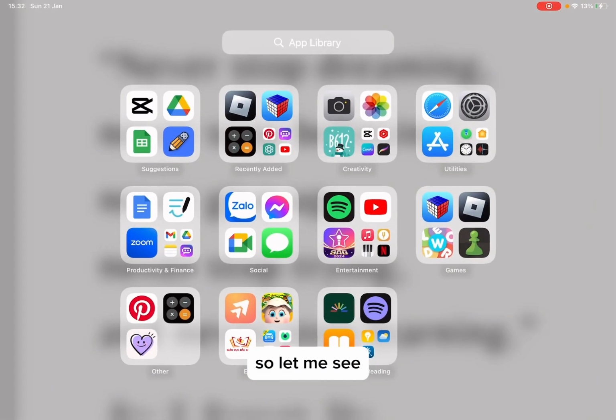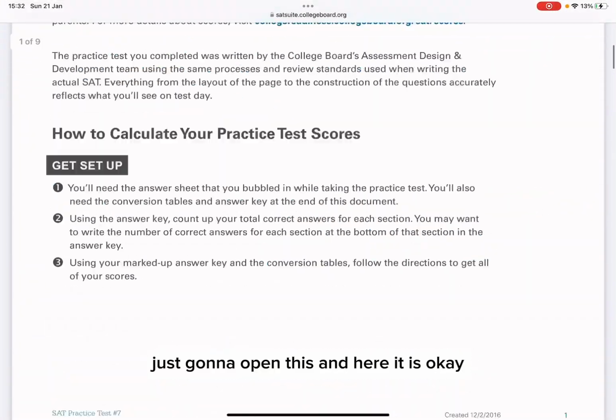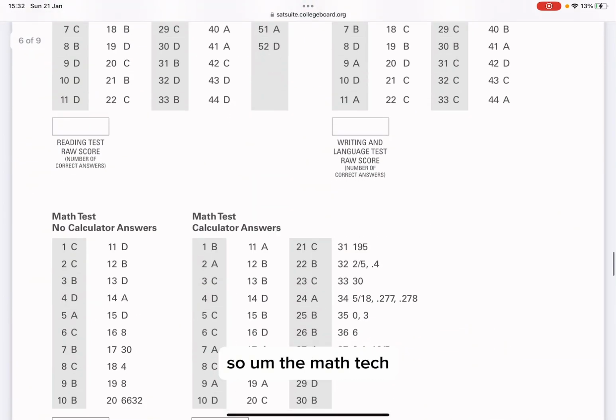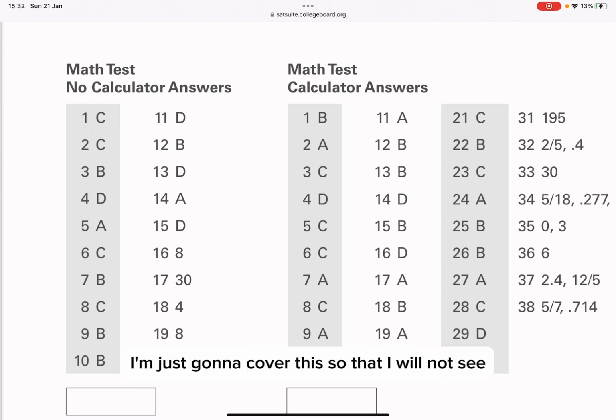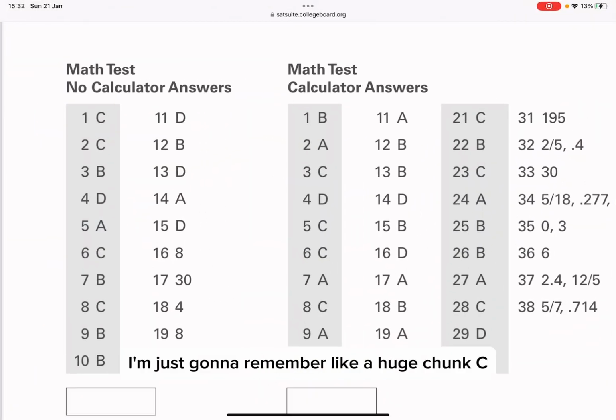So let me see. I'm just going to open this and here it is. Okay, so the math no calculator section. I'm just going to cover this up so that I will not see the answers to the questions I haven't answered yet. CCBDACB. Wait, I'm just going to remember a huge chunk.